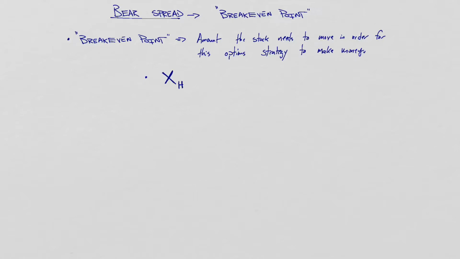Then this put itself would be in the money. It would be at its break even when the stock price goes below the strike, but after accounting for the premium P here of that higher priced option that we bought.